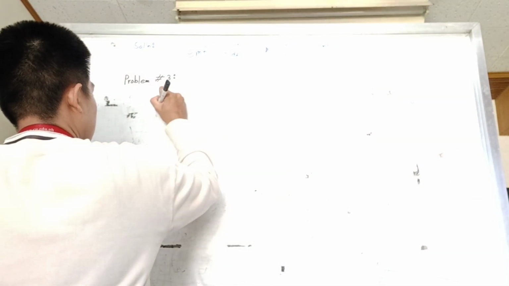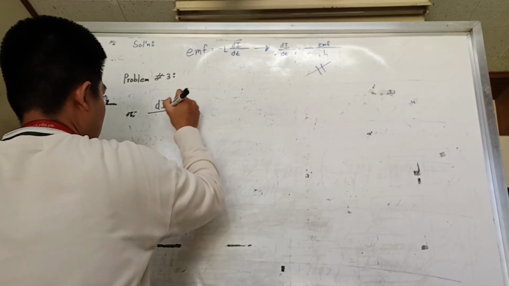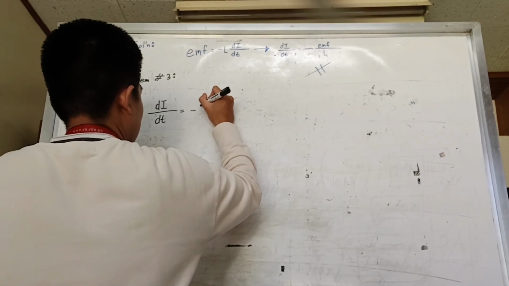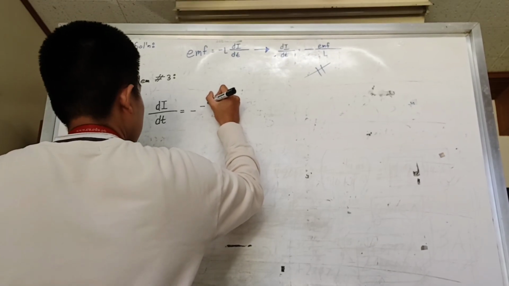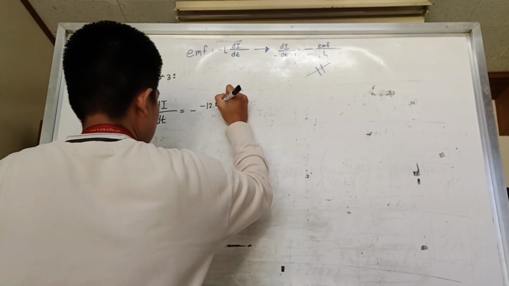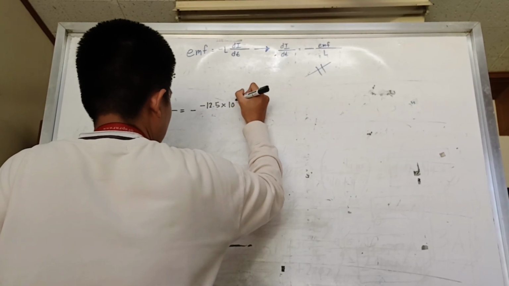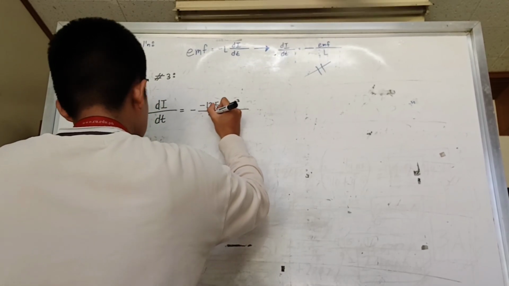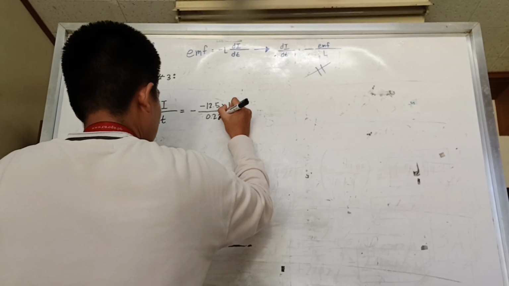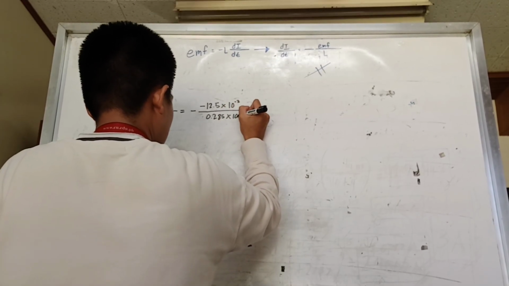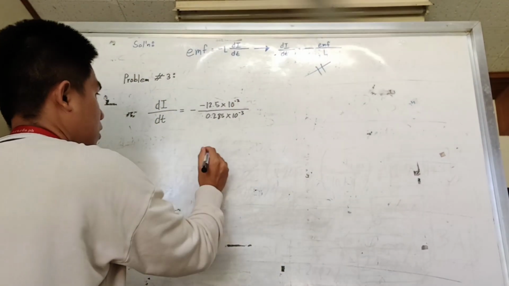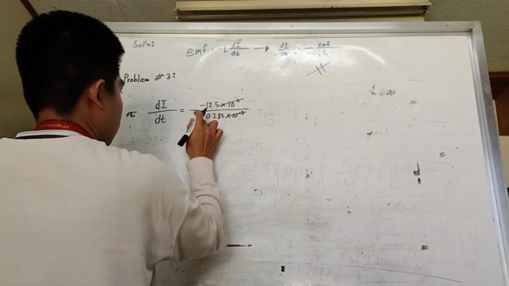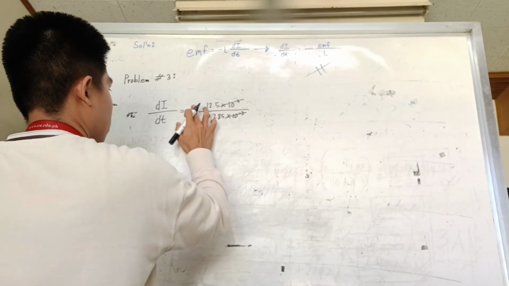So we need to substitute based on the given. di over dt is equal to negative times negative 12.5 times 10 to the negative 3 power over 0.285 times 10 to the negative 3 power. We cancel out the times 10 to the negative 3 power because they cancel out, and negative times negative is positive.